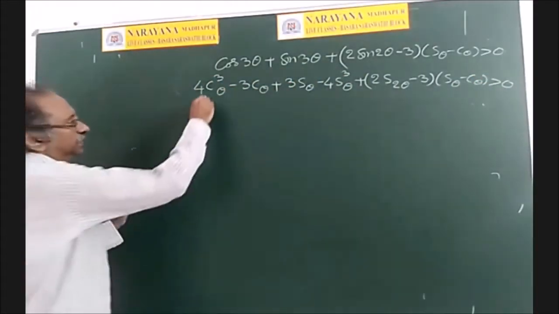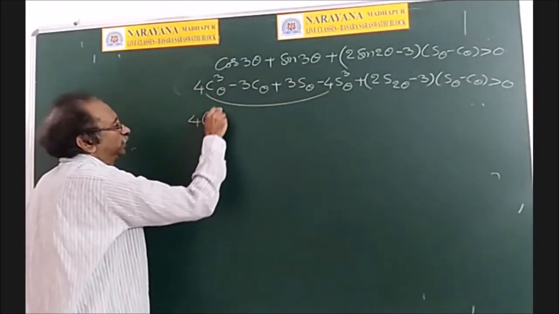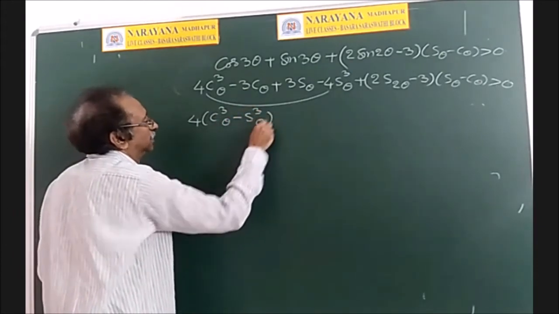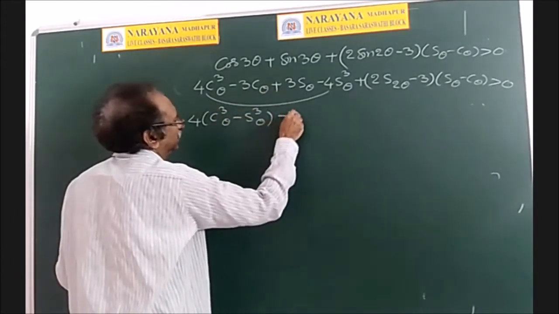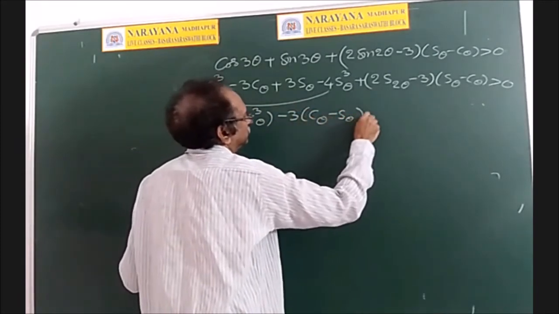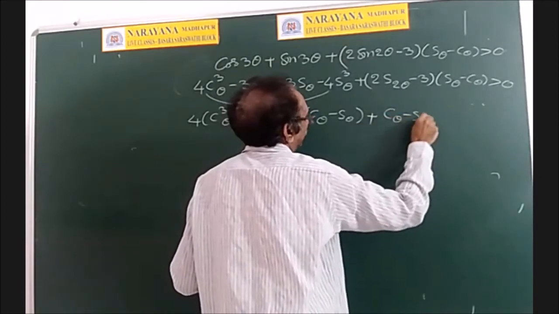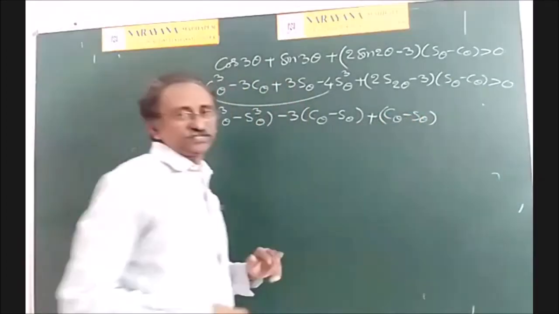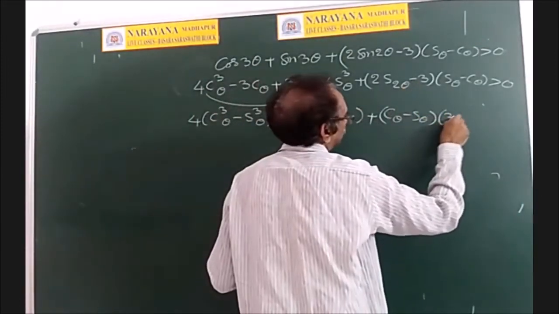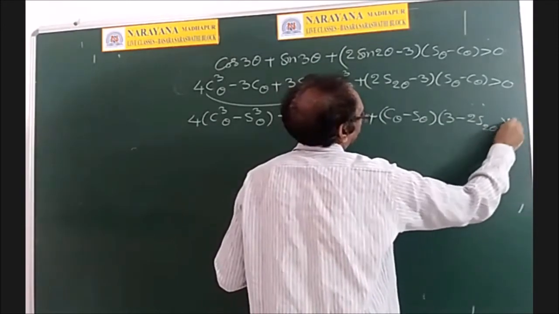In these two, I can take 4 common: 4 into cos cube theta minus sin cube theta. And here, I will take minus 3 common, you will get cos theta minus sin theta. So I will write this as cos theta minus sin theta. With that minus, if I multiply this, you will get 3 minus 2 sin 2 theta greater than 0.